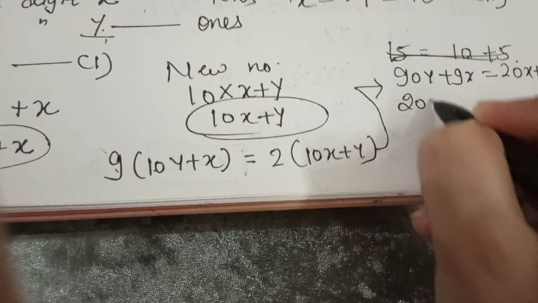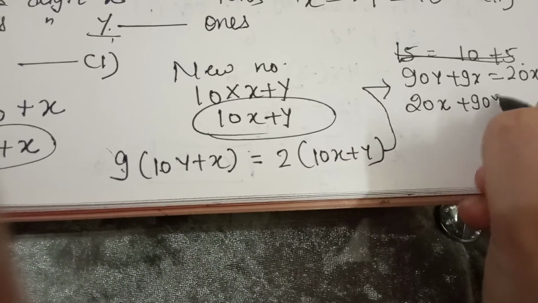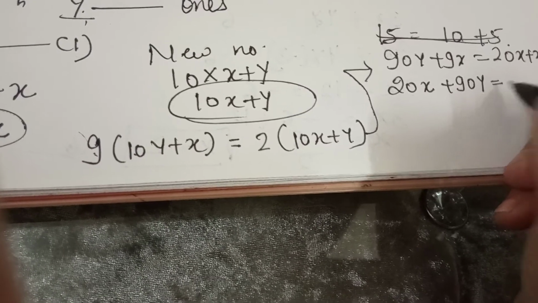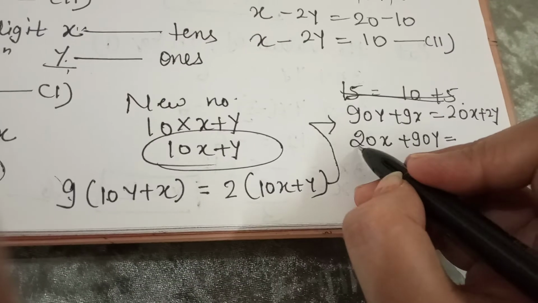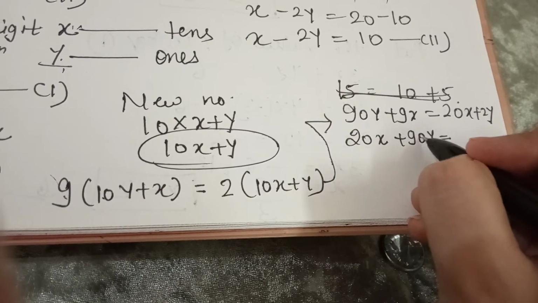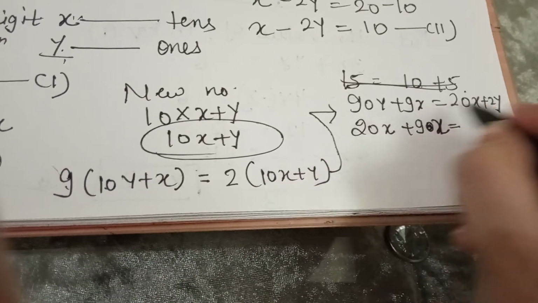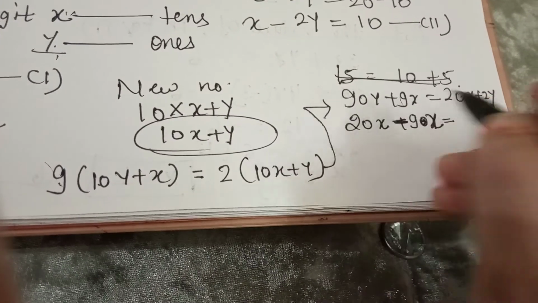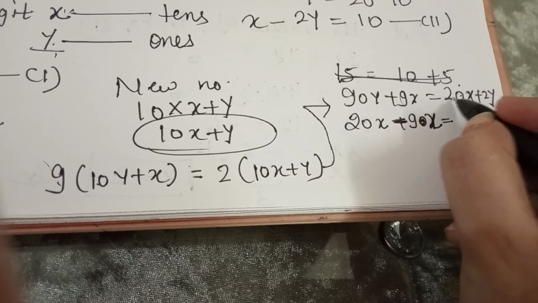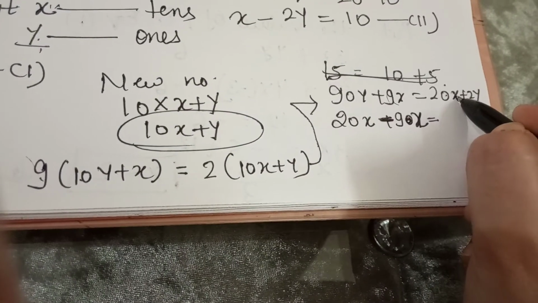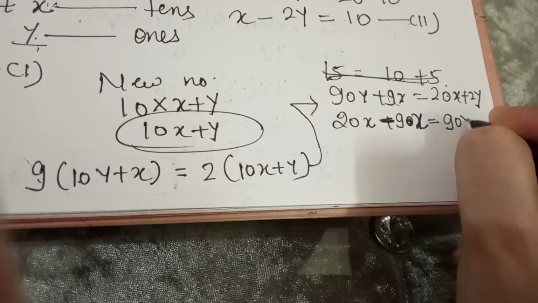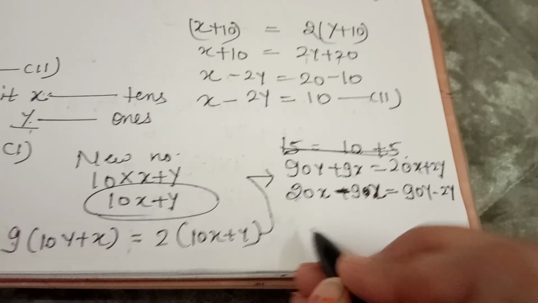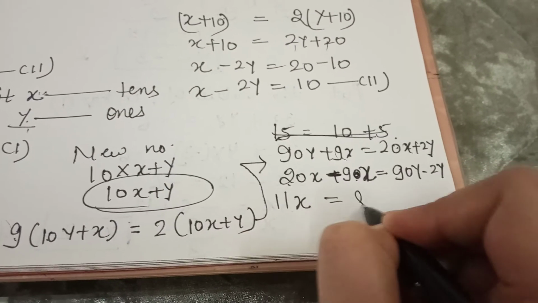Okay, so 20x plus 90y... I have shifted the 9x to the other side as minus: 20x minus 9x, and 90y minus 2y. So 20 minus 9 is 11x, and 88y.